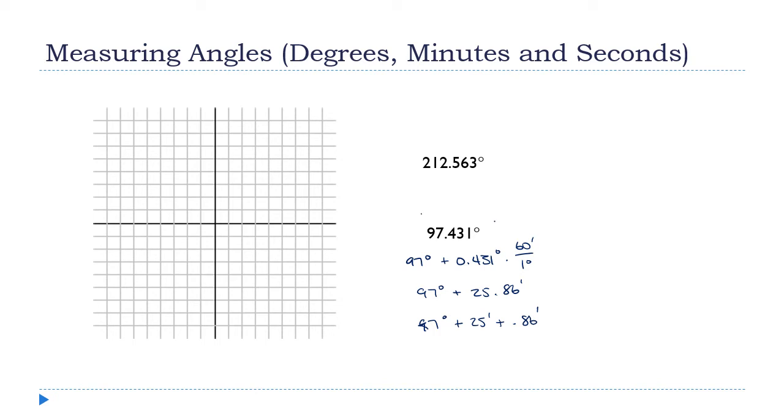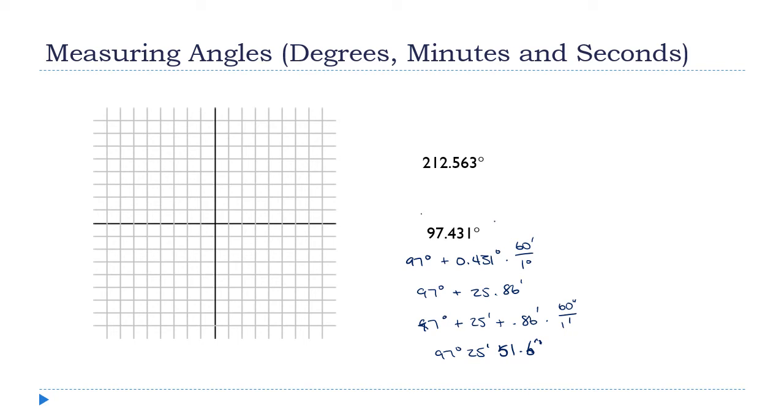And then apply our final conversion factor. Multiply this by 60 seconds per minute, and we get my final answer, 97 degrees, 25 minutes, 51.6 seconds. And there's my result.